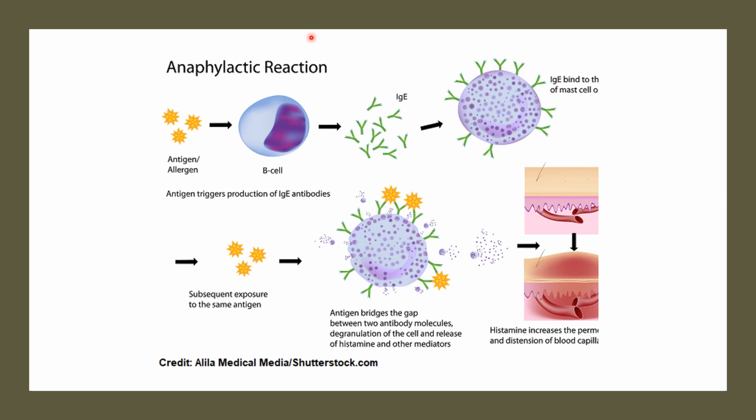How does an allergen enter the body to cause anaphylactic shock? An allergen can enter various ways, such as via injection, inhalation, oral, or contact with the skin. Known substances that can cause anaphylactic shock include food, such as shellfish, peanuts, eggs, and milk.